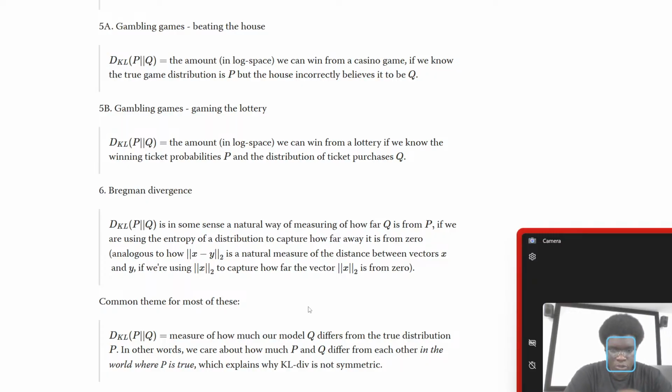We care about how much P and Q differ from each other in the world where P is true, which explains why it's not symmetric.